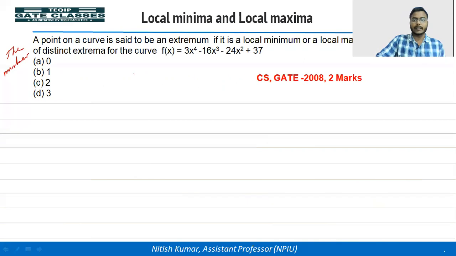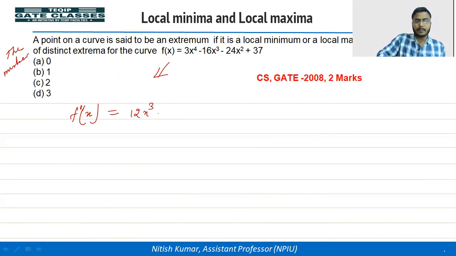So we have to calculate how many stationary points. The function is given, we have to calculate. So let's calculate f'(x). What you can get: 12x³ − 48x² − 48x + 0.